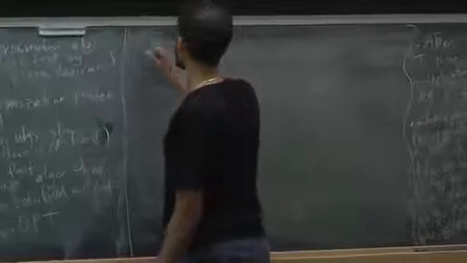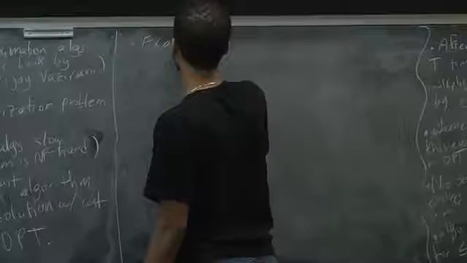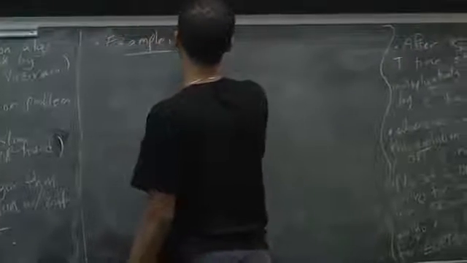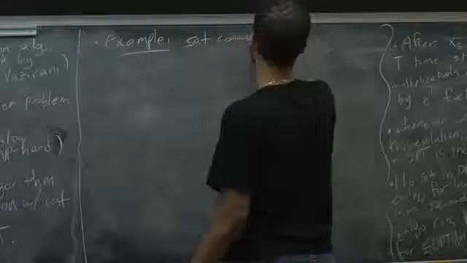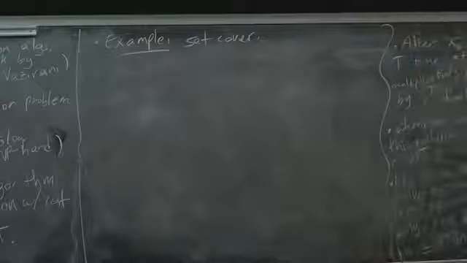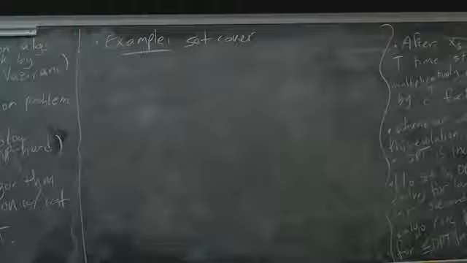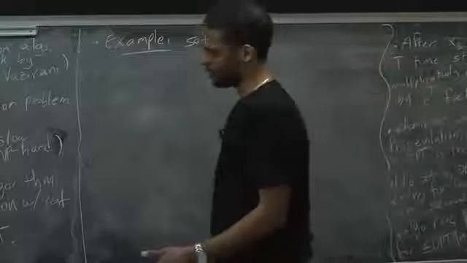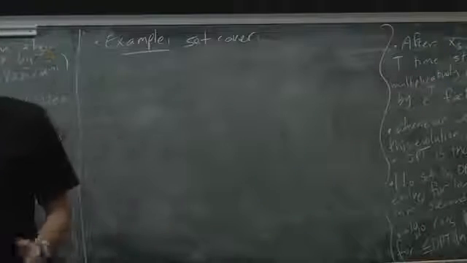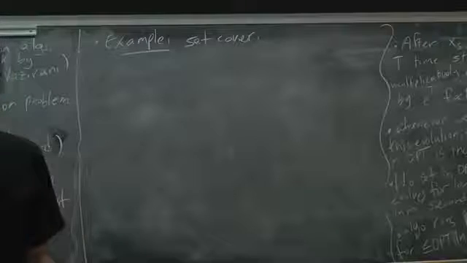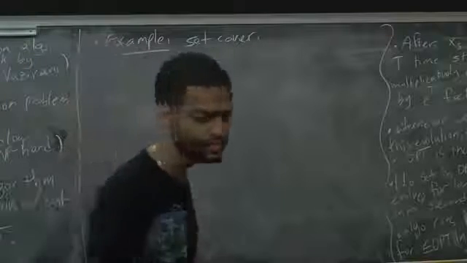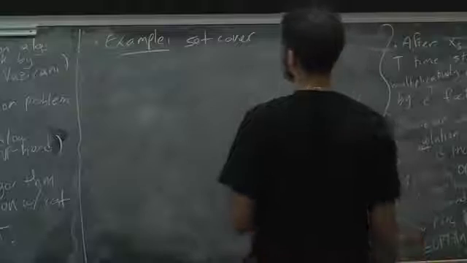Okay, so let's look back at set cover. Now we know all the sets, we know the universe, we know which sets contain what elements. We just need to get the smallest subcollection of sets. And I'll even give them costs.